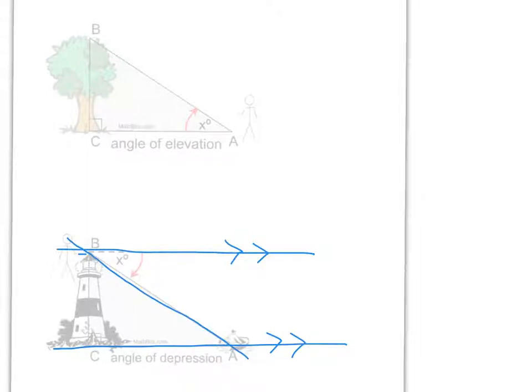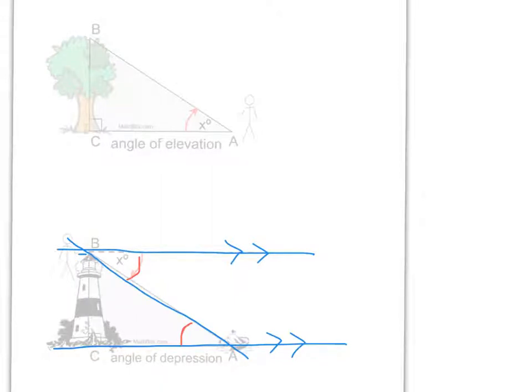If you notice, these are parallel lines cut by a transversal. What that means is that the angle of depression is actually equivalent to the angle of elevation if we're standing where the guy is in the boat. So the guy in the boat would be looking up at the lighthouse. That would be the angle of elevation. Whereas the little stick figure standing at the lighthouse looking down is the angle of depression.